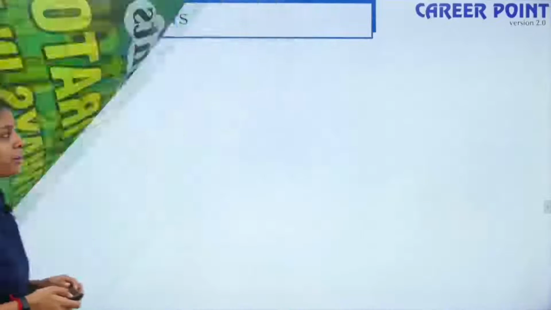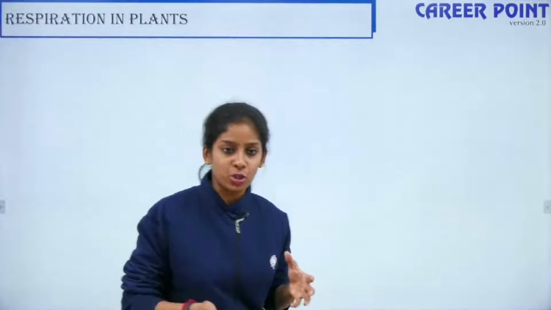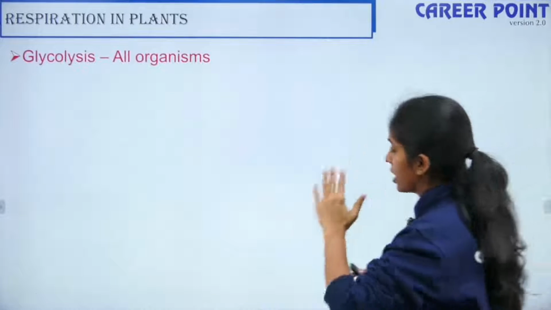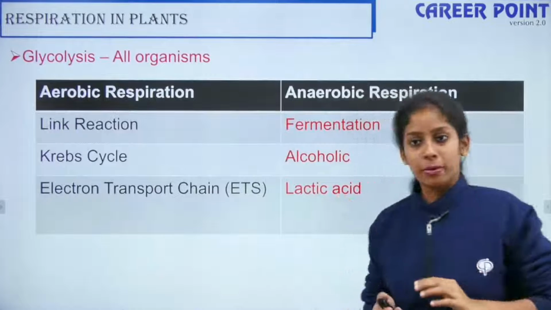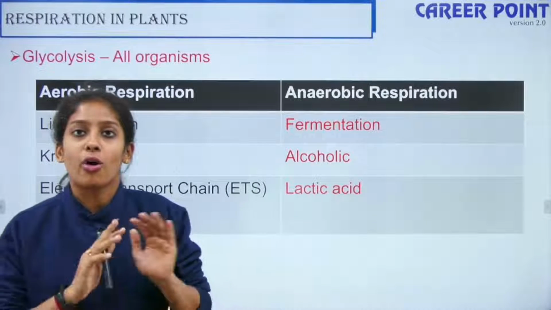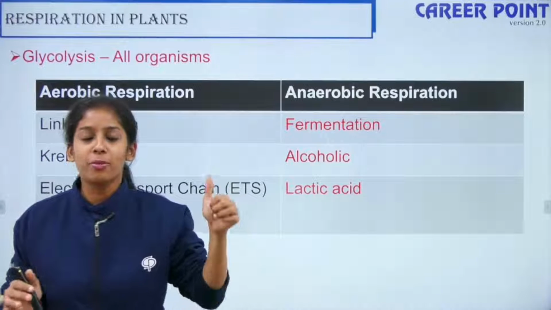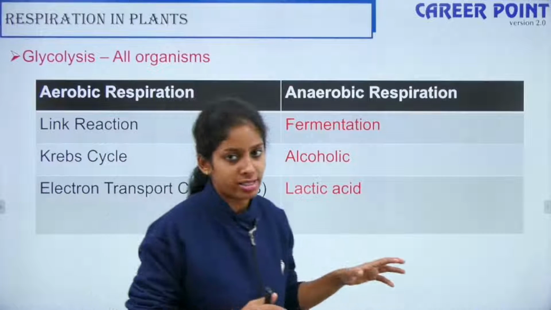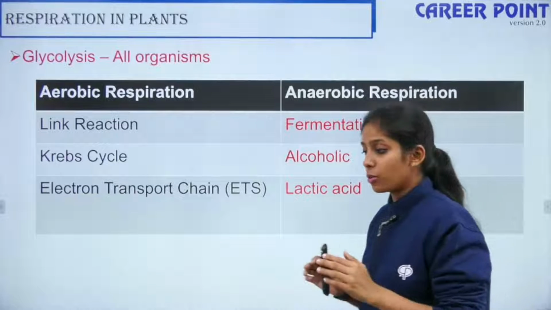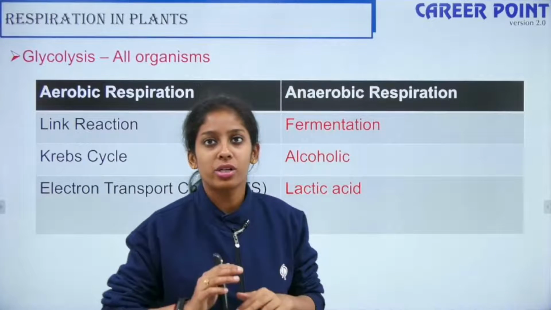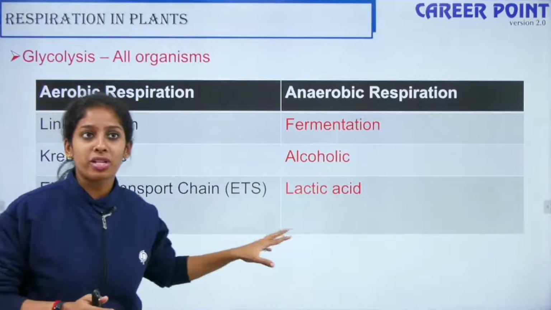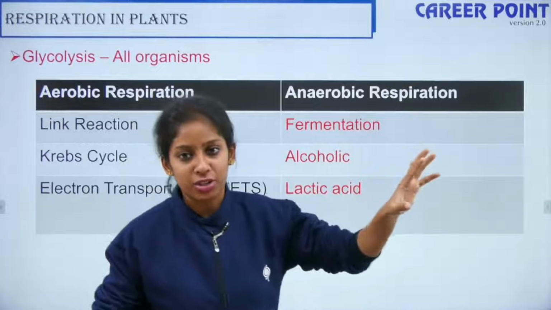So respiratory pathways in plants. This is part 2. So respiration in plants. We started off with this, right? I hope you remember. I told you glycolysis is the most common process of all living organisms, the primary process that occurs in all organisms. Here the primary process is glycolysis, wherein the glucose is broken down into pyruvate or pyruvic acid, and then it follows aerobic respiration separately and anaerobic respiration separately.